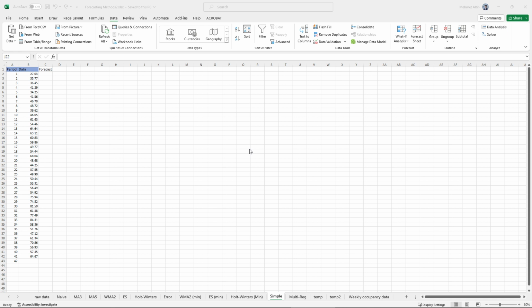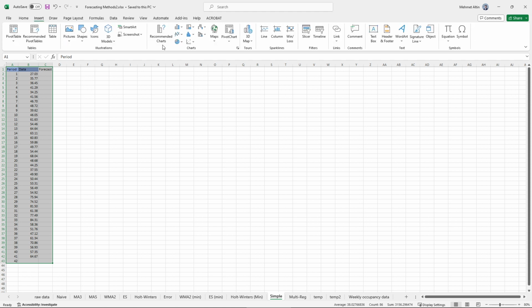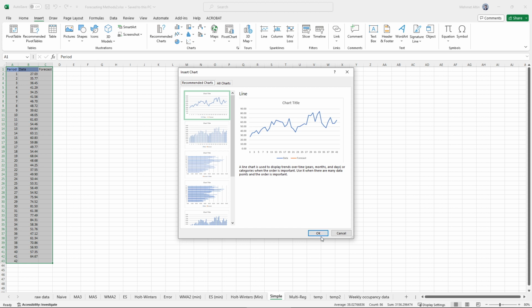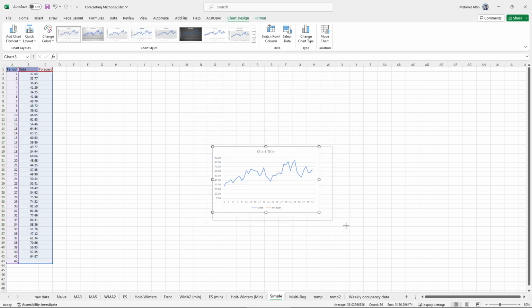I don't really recommend it, but just for the sake of teaching, I want you to understand how it works. So that's what we are going to do. As usual, let's create a chart, so you will see what it looks like.